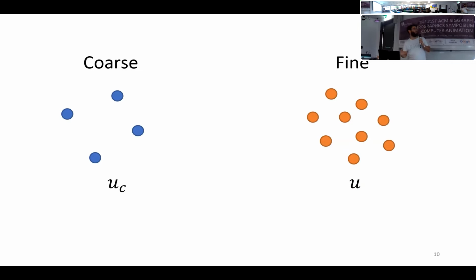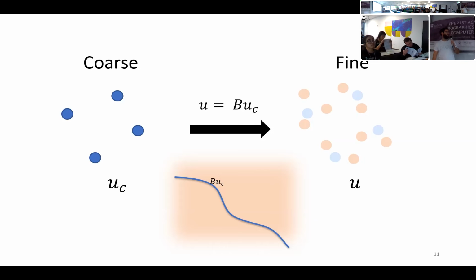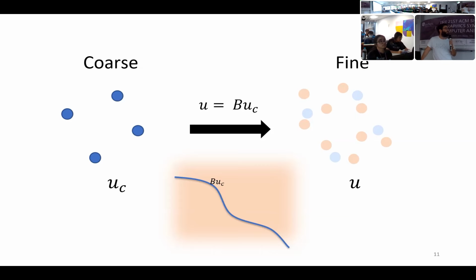These are only points. We don't care about the underlying topology, if they are connected or how they are connected. We can describe the displacement of the fine points based on three terms. Basically, the first two terms are the basis functions and the coarse displacement, the displacement of the coarse points.